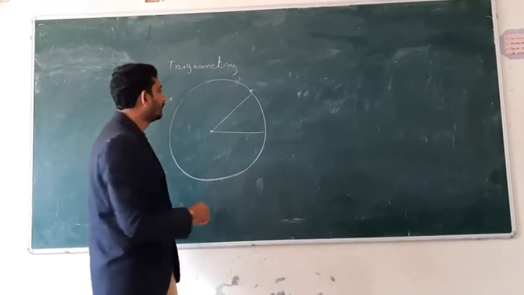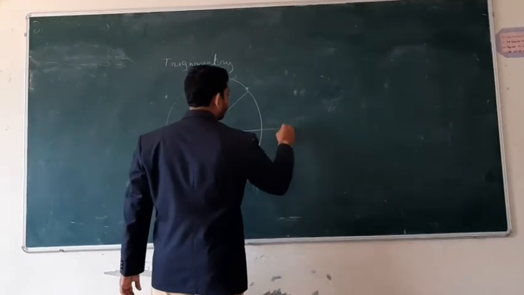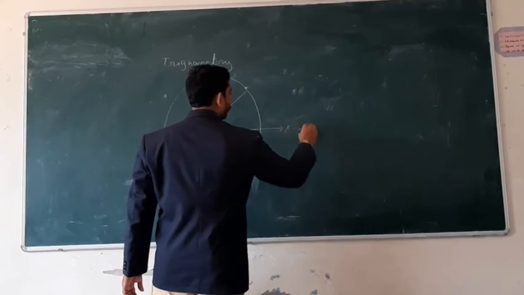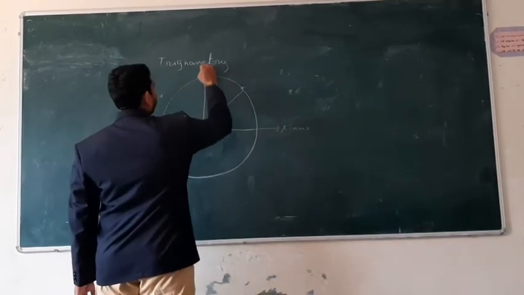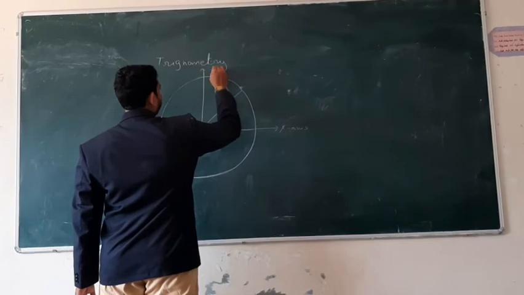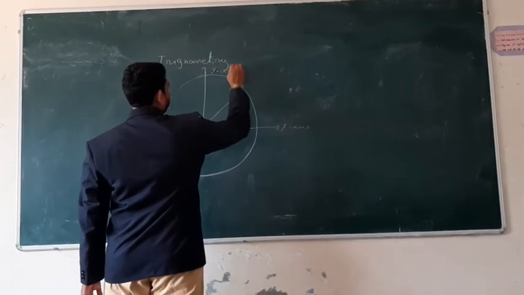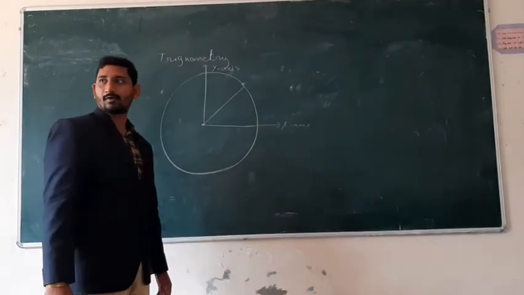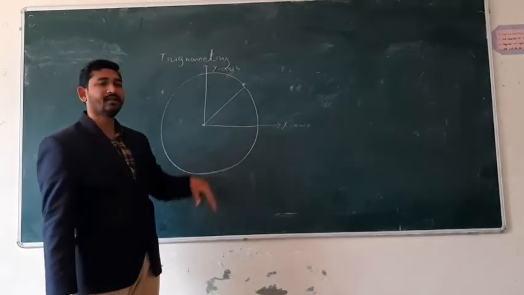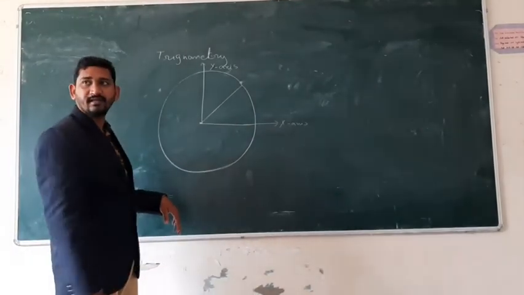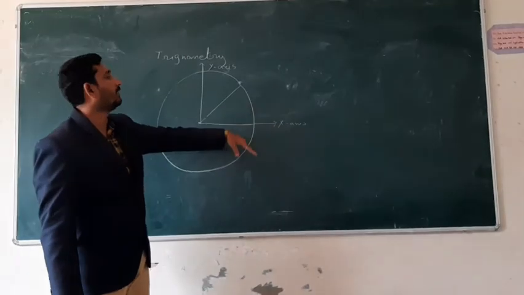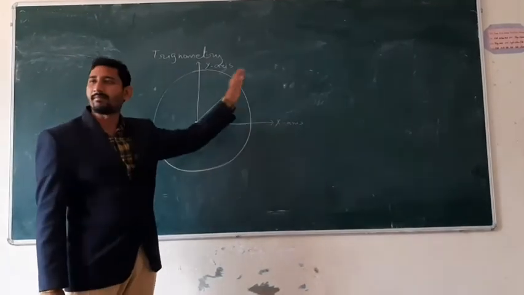Let us consider this as the x-axis, and this the y-axis. If the ball is here, when it is rotating, the ball will also move in a circular path.